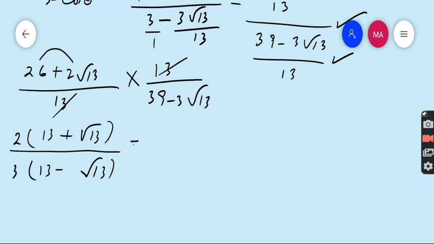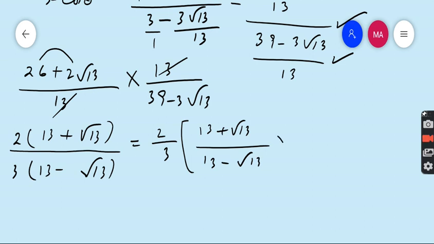Now next we have to rationalize this. 2 upon 3, 13 plus root 13 upon 13 minus root 13. Multiply by the rationalizing factor, 13 plus root 13 upon 13 plus root 13.